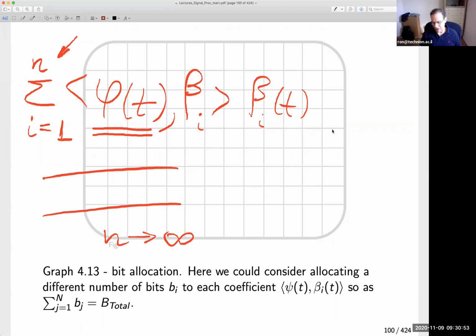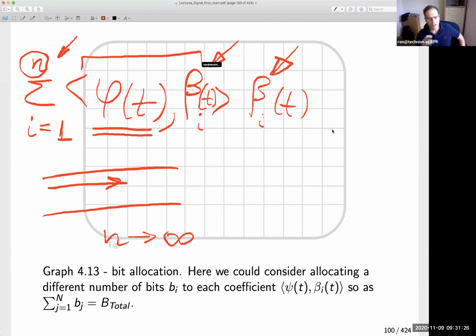However, when the number of numbers that you're allowed to transmit along this channel is limited, then this number n would be smaller, probably even a single number, and therefore you would like to somehow pre-order your betas so that you will do something clever when submitting these scalar coefficients.